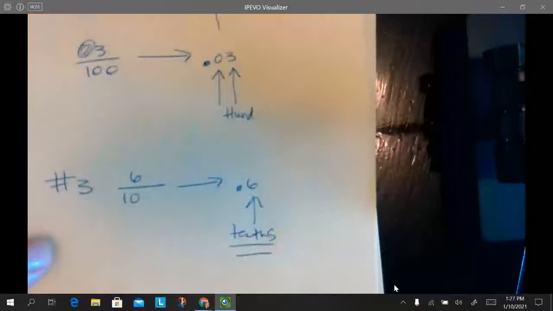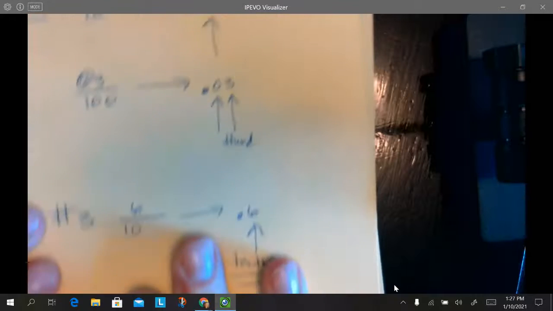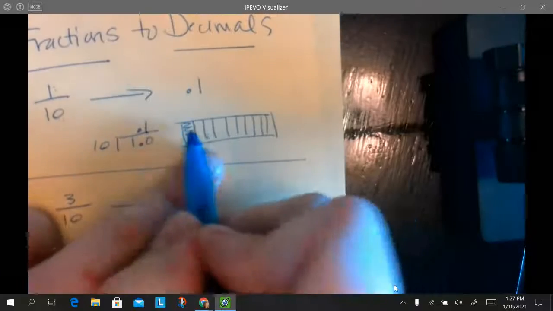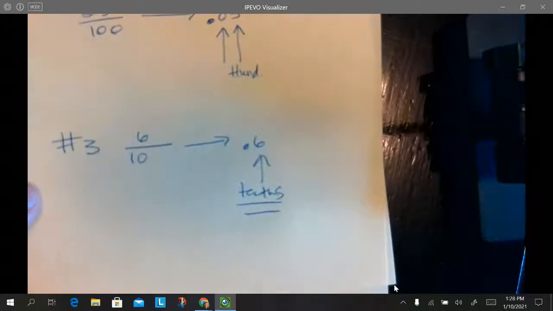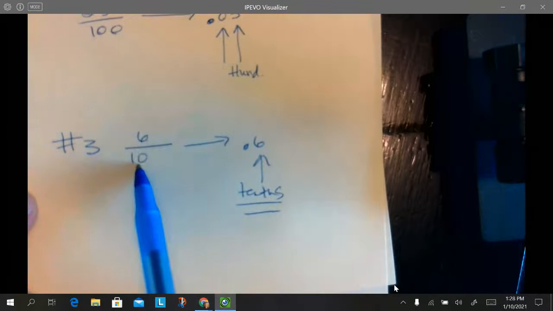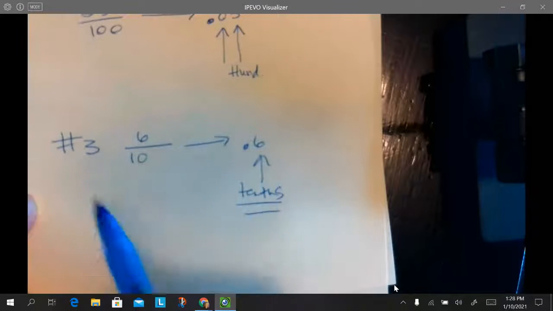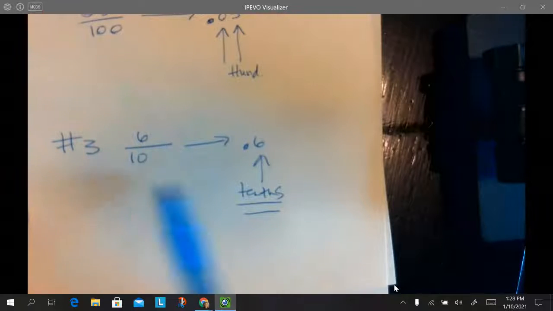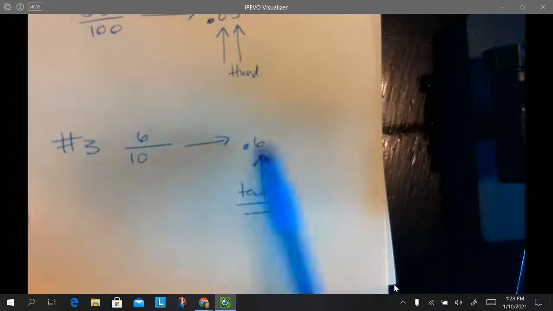Or you would go back up to this candy bar and you would have 6 pieces colored in out of 10 total. So you have 6/10, or 0.6. When you say it, it's the same. You say the fraction 6/10, or you say the decimal 6/10.